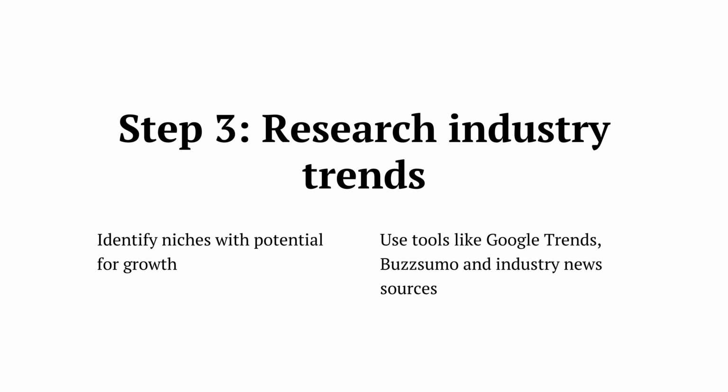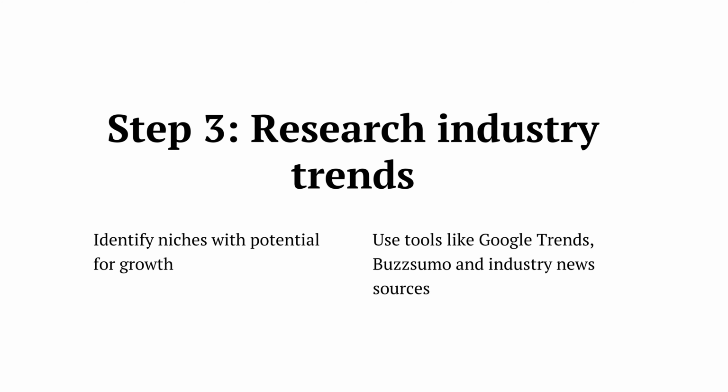Then you can read industry news and publications, because then you will have some data to back you up, right? Then you will have some proof that this niche has potential, this niche has growth. So this will help you to identify emerging trends and opportunities in your niche. You can use online tools like Feedly or Flipboard to follow industry blogs and magazines. So that was the third step.